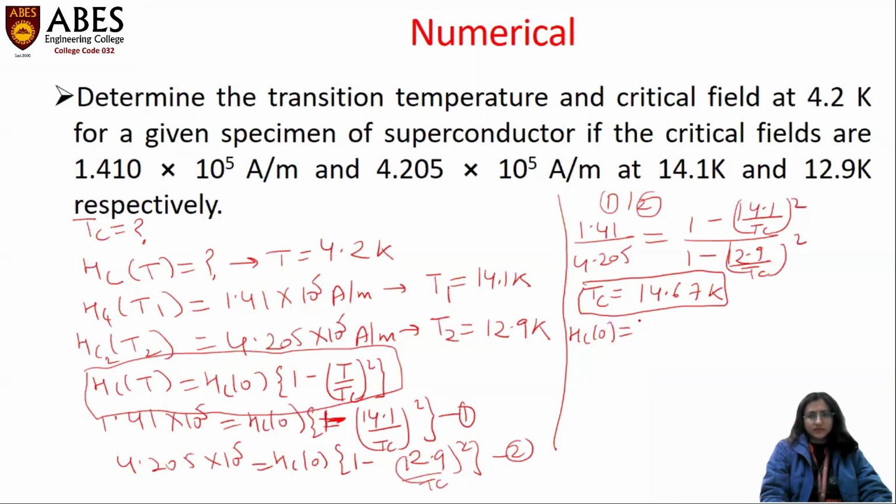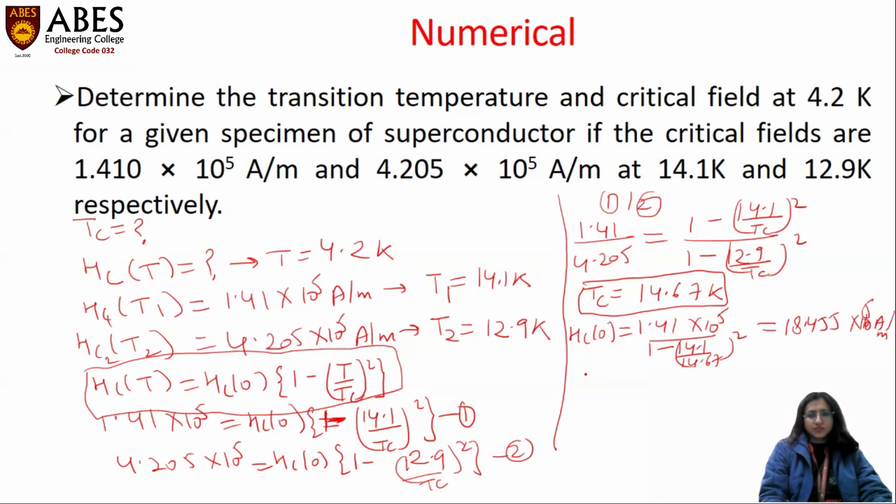This can be determined as 1.41 into 10 to the power 5 divided by 1 minus (14.1 by 14.67) square. So this value is found to be 18.455 into 10 to the power 5 ampere per meter.